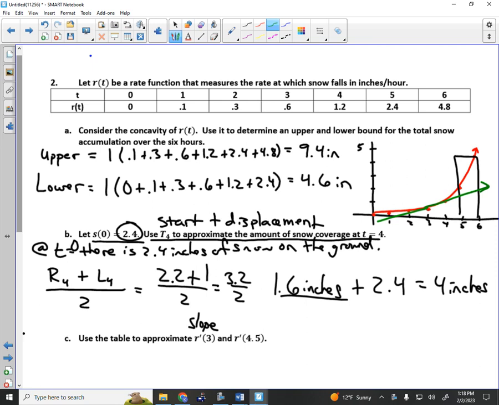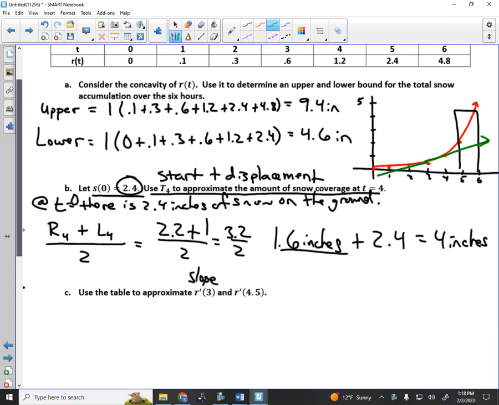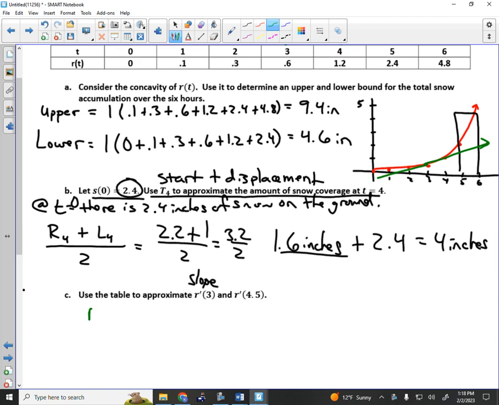If I want to find that rate of change, here's one thing I can do. I can use the spot in front of it and the spot behind it to find the slope. So to approximate R prime of 3, we take R of 4 minus R of 2, divided by what?